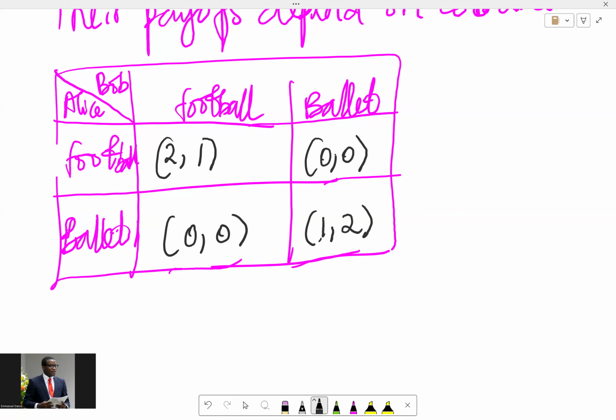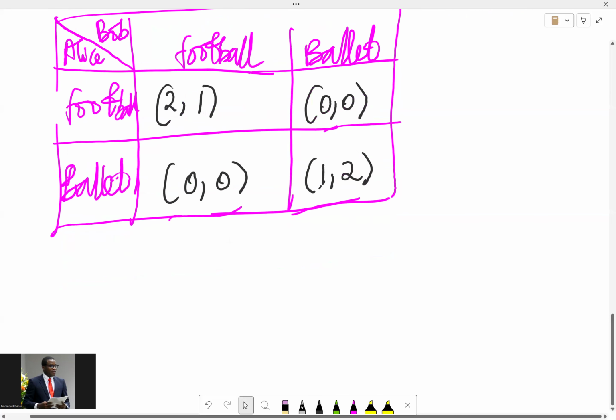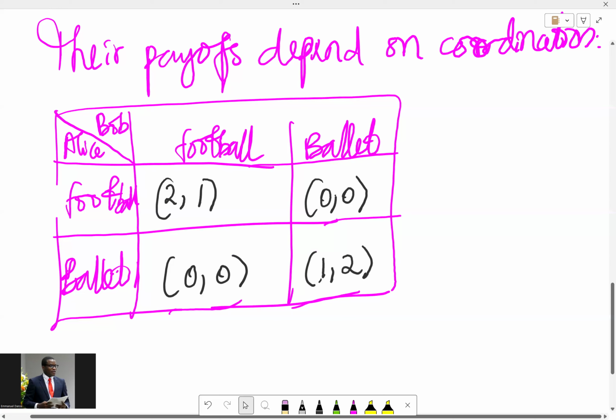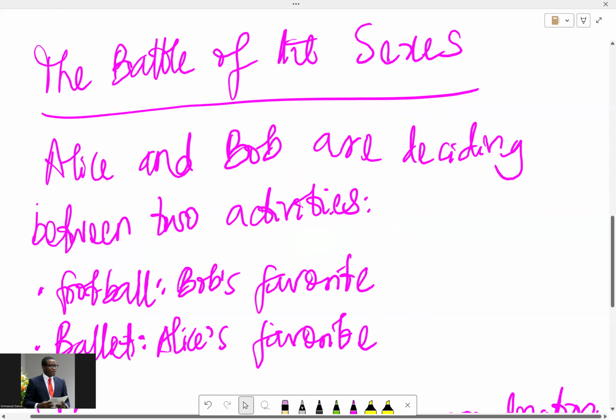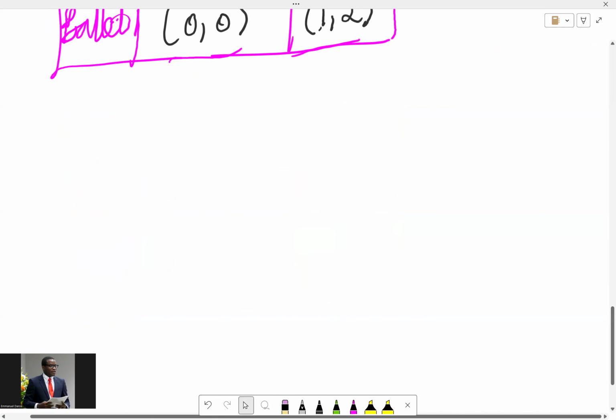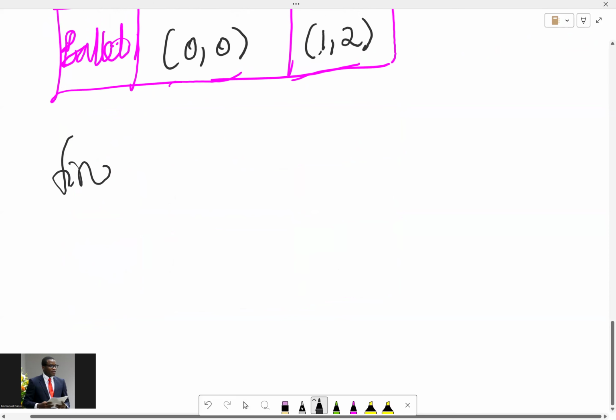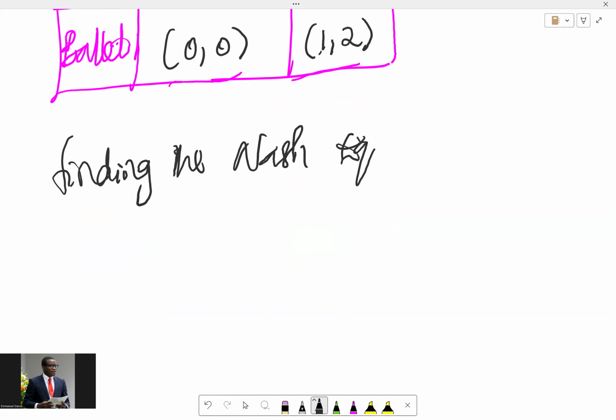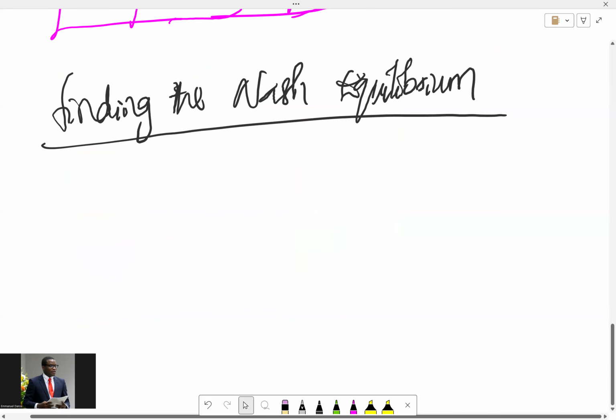Now, how do we find the Nash equilibrium in this case? The next thing is I want to find the Nash equilibrium, or equilibria, we don't know which yet. So let me just say, finding the Nash equilibrium, whatever that ends up being, will be fine.